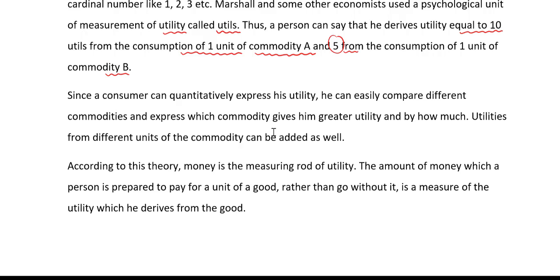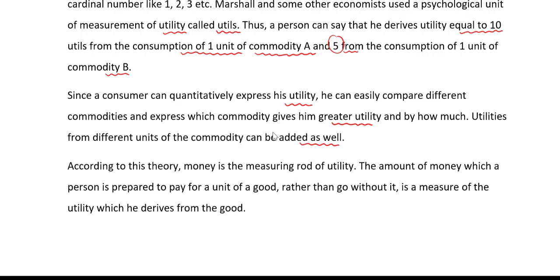Since a consumer can quantitatively express his utility, he can easily compare different commodities and express which commodity gives greater utility. So utilities from different units of a commodity can be added as well in calculating the total utility.